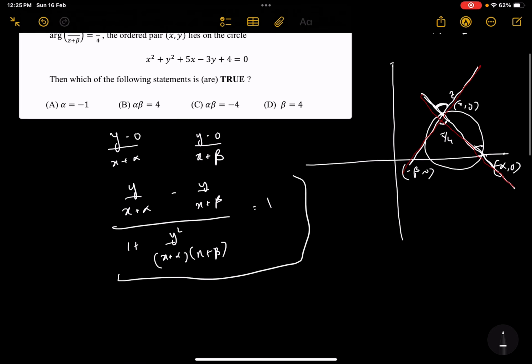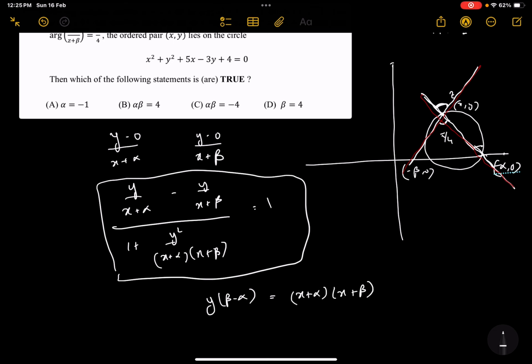So from this we get y times beta minus alpha equals x plus alpha x plus beta plus y square.